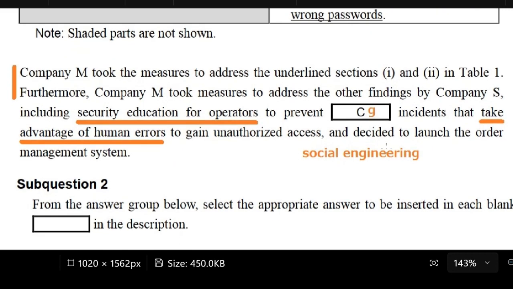Okay, and then for the last one, Company M took the measures to address the underlying sections. Okay, and we got here security education for operators to prevent incidents that take advantage of human errors. So in this case, take advantage of human errors.